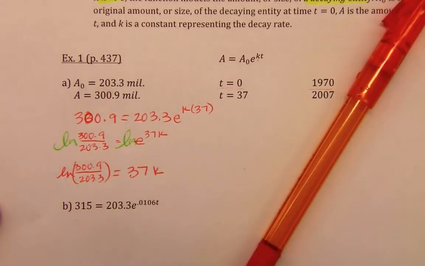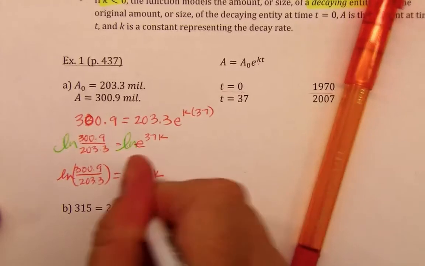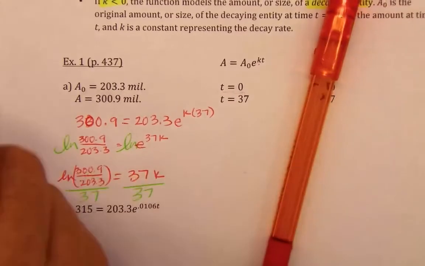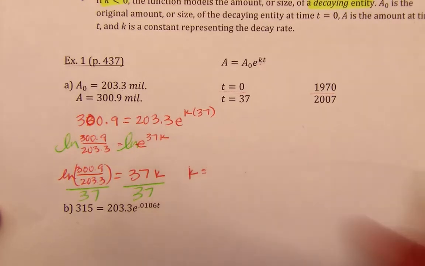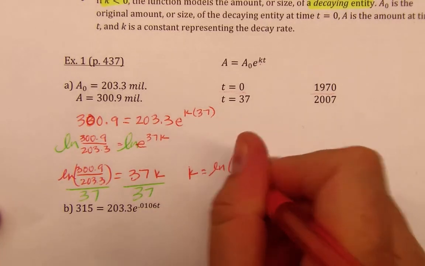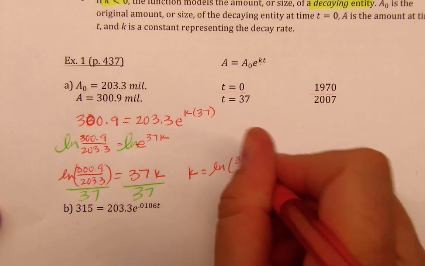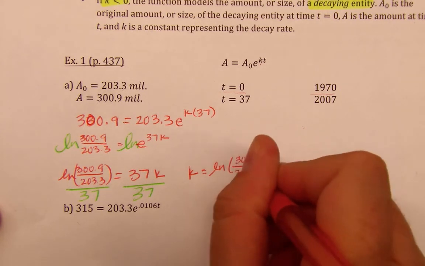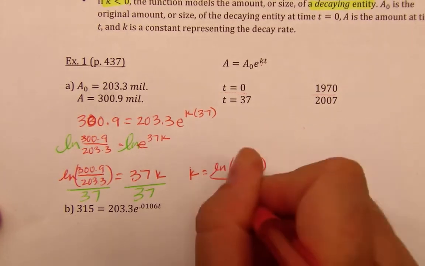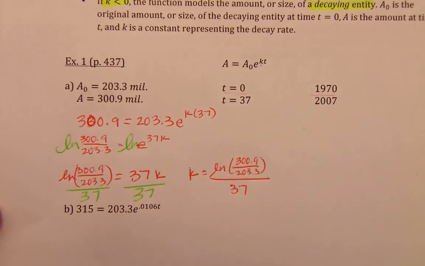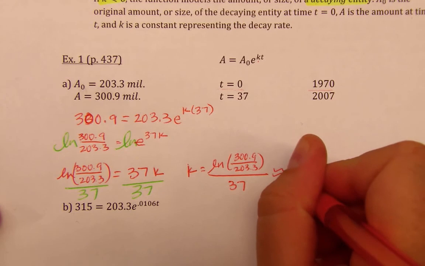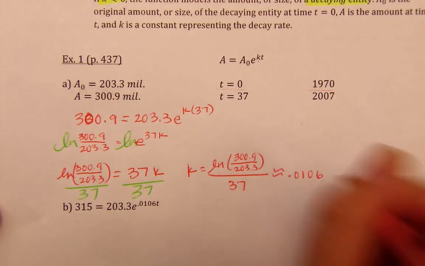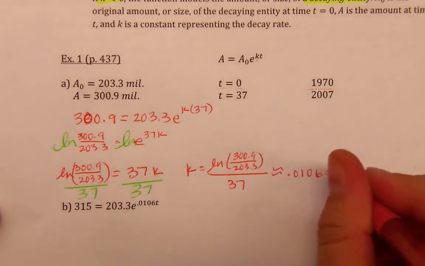Then dividing by 37 on both sides, K is equal to natural log of 300.9 over 203.3, all over 37. And when we plug this into our calculator, we're going to get about 0.0106. So that's our K value.